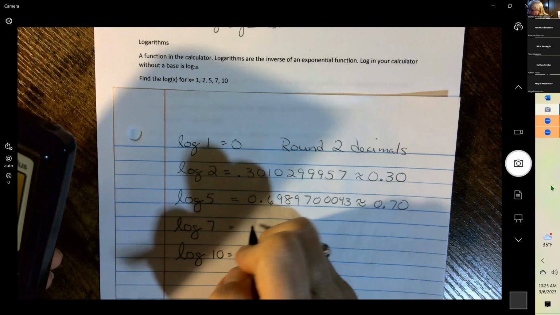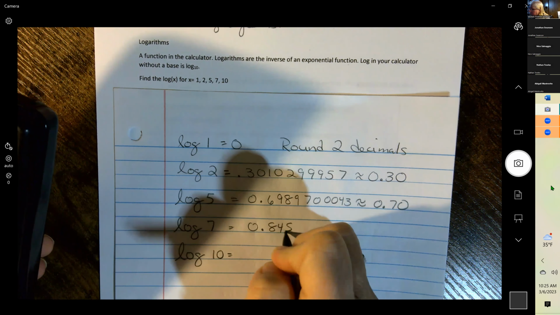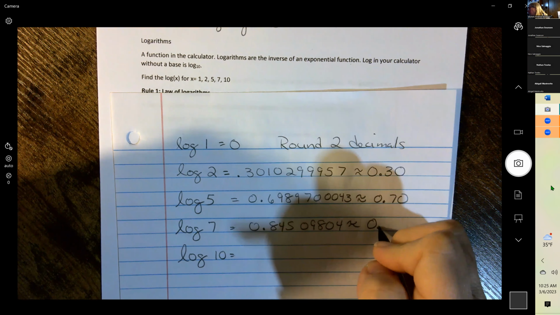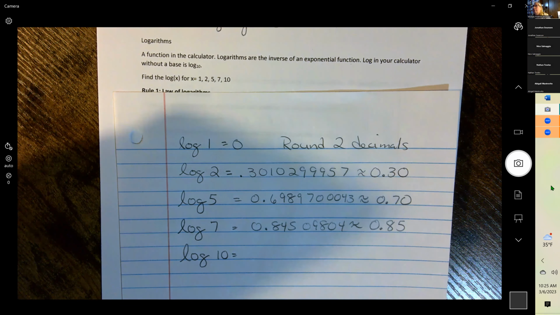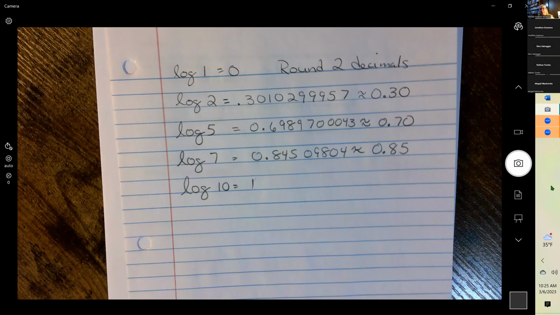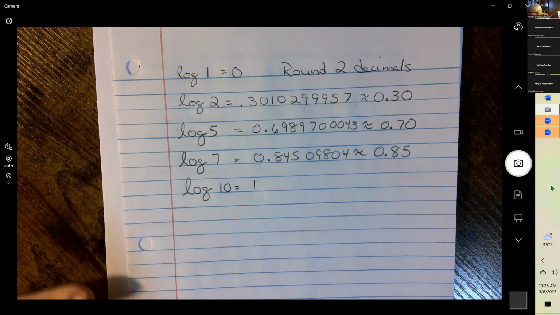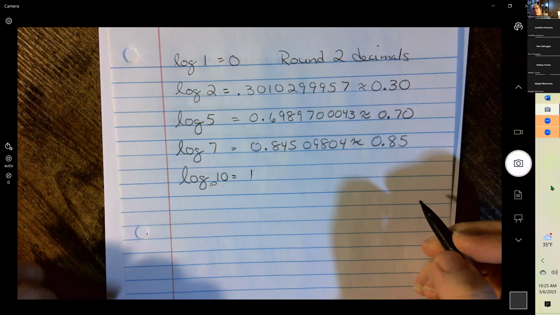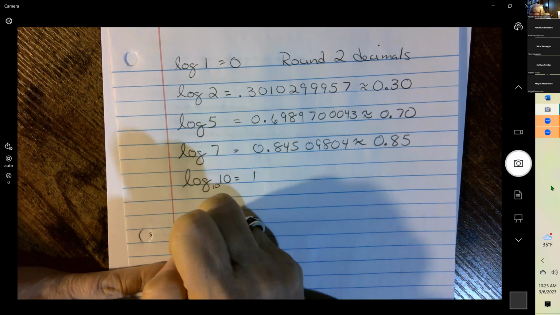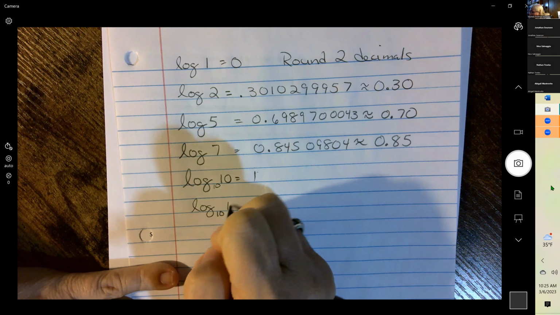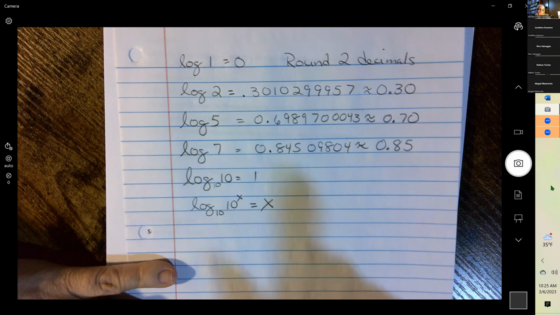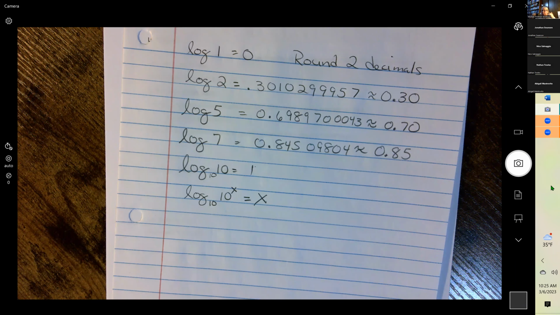For 7, I got 0.845098804. 2 decimal places would be 0.85. And the last one is 1, because this is base 10. When the base and what you're taking the log of are the same, it leaves your exponent. So if we had log base 10 of 10 to the x, our answer would be x, whatever's in that exponent. But of course, base 10, we can just plug in our calculator.